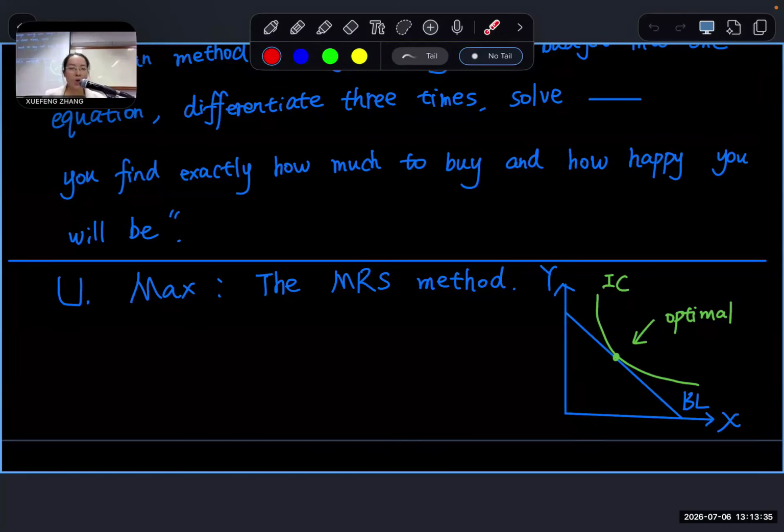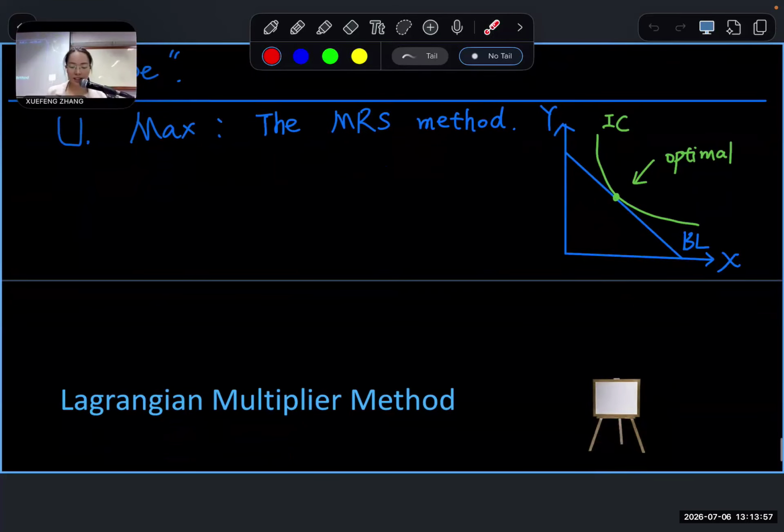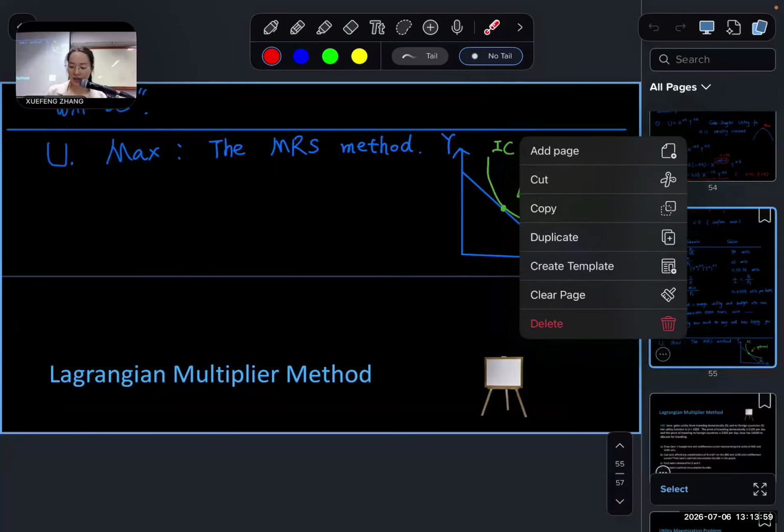So what we have covered so far is the first topic, which is chapter 3, consumer behavior. I showed you the Lagrangian multiplier method, and in the assignment I asked you to do it with Lagrangian. I'm going to check your assignment later, but here, let's continue.